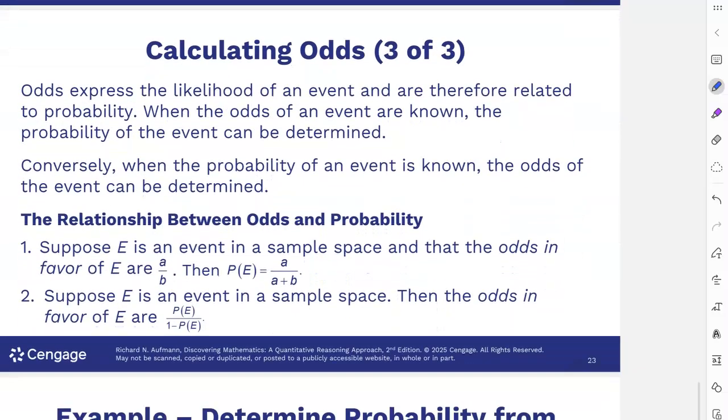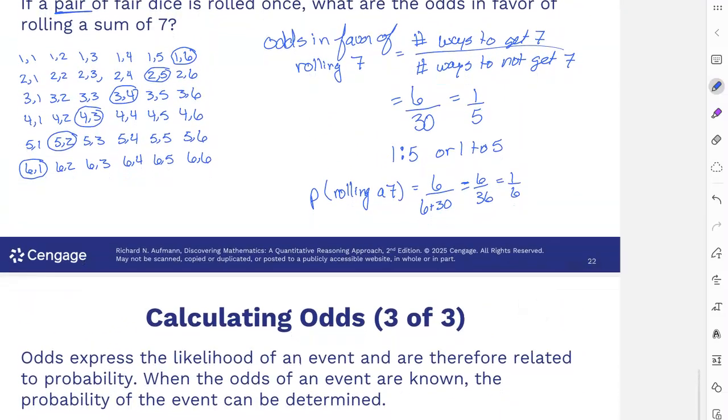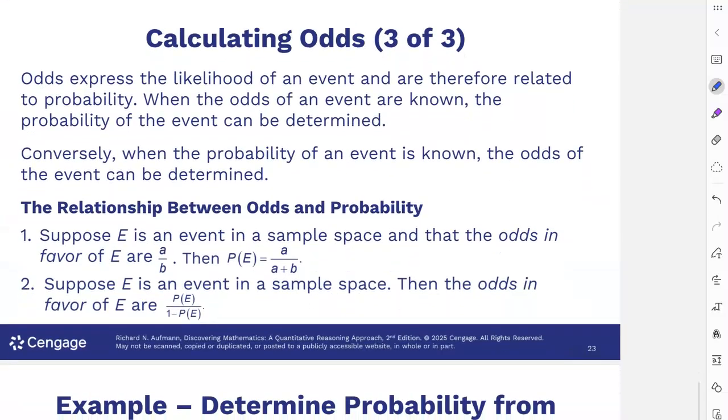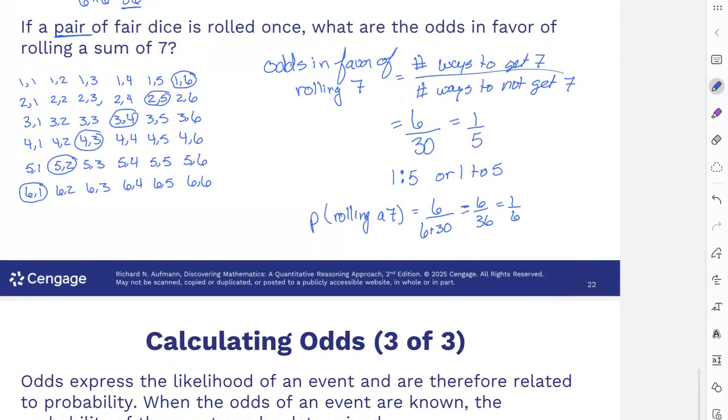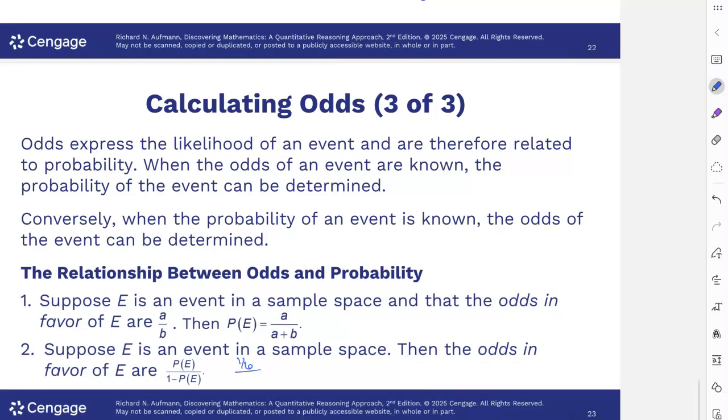Now, suppose E is an event in the sample space, then the odds in favor of E are the probability of E over 1 minus the probability of E. So we could figure that out here too. What if I know that probability? Then I could figure out the odds by computing this. So if I know my probability is 1 out of 6, it's 1 out of 6 over 1 minus 1 out of 6.